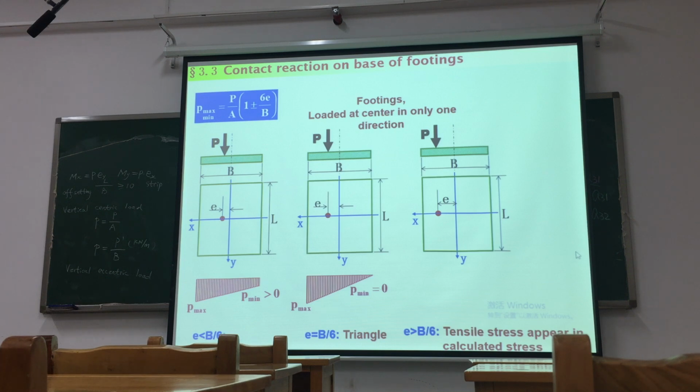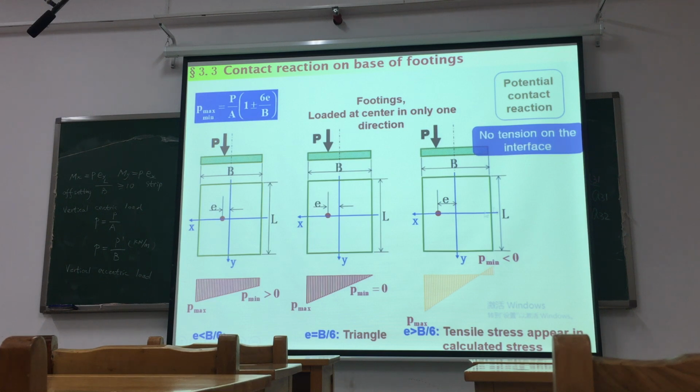So the distribution should adjust to a triangle. But in this case, the distribution is not the same as the previous case, because in some region the stress equals 0.